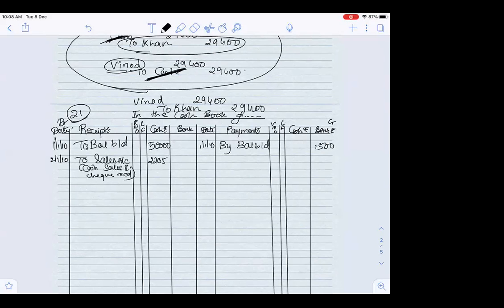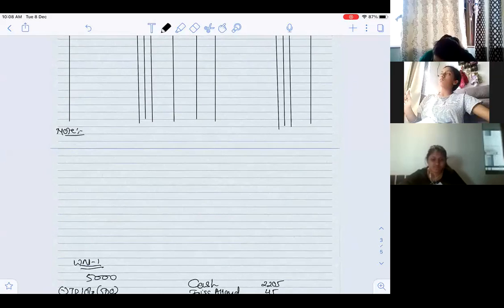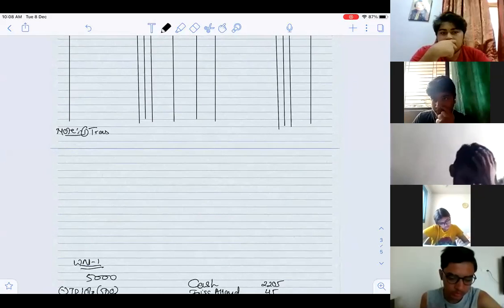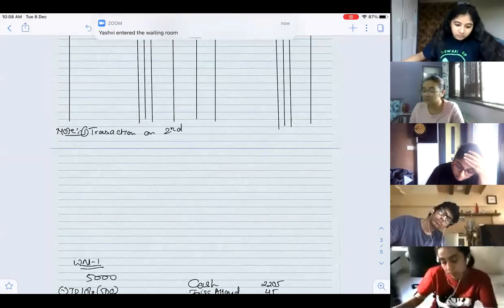What about discount allowed to sales and what about Vishal to sales? Vishal to sales will go in the sales book, and the discount will go in the journal proper.